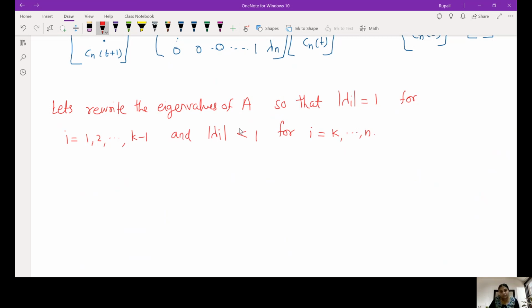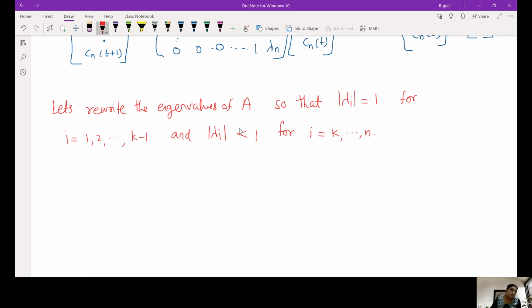So if the matrix has n eigenvalues, the first k minus 1 are simple, having multiplicity 1, and for the remaining n minus k eigenvalues we have mod lambda less than 1.